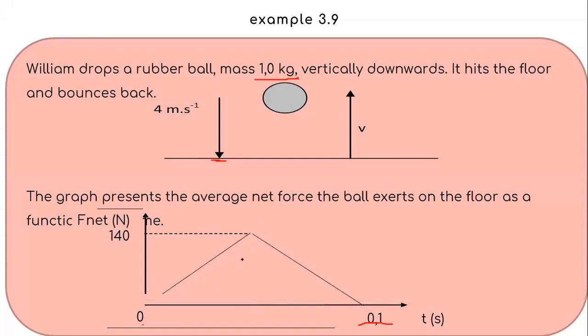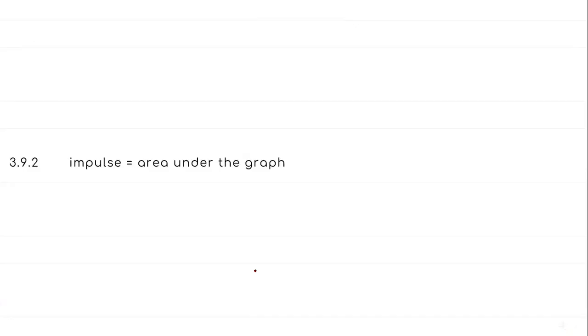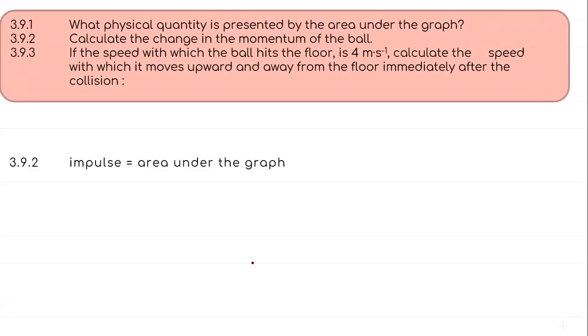So if I get half the base multiplied by the height, basically I'm getting a product of the net force acting on the object and the time the net force acts on the object. In other words, that product, which is the area under this graph, definitely represents the impulse. And that is what impulse is, by definition.